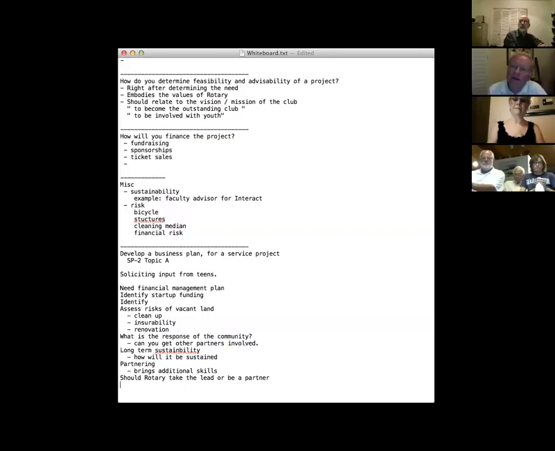Or could there be a transition? That's the solution to the sustainability. Maybe Rotary starts it, turns it over. Exactly. Because who would be a likely organization to carry on this kind of activity? Well, the city.